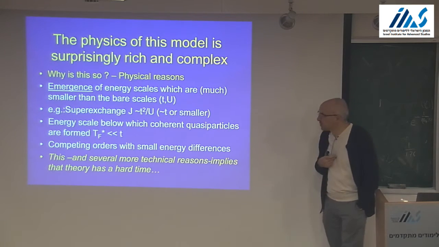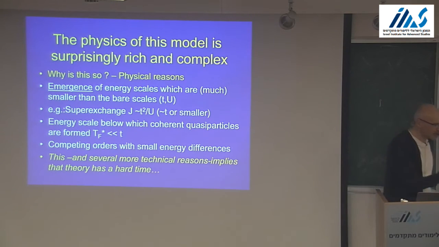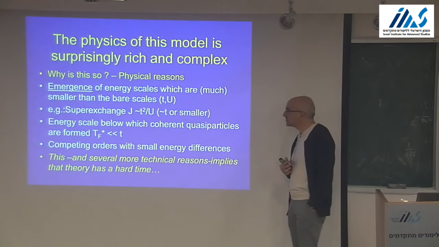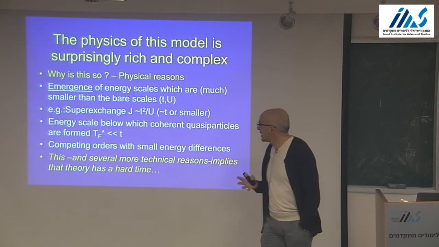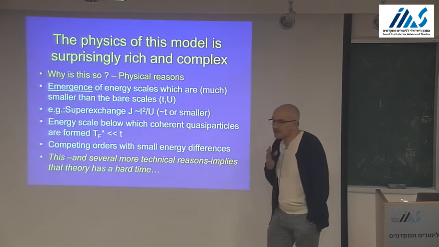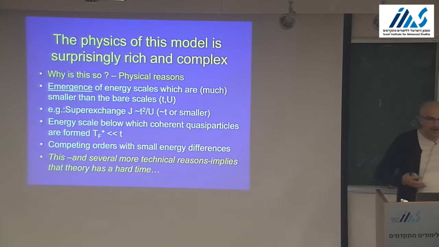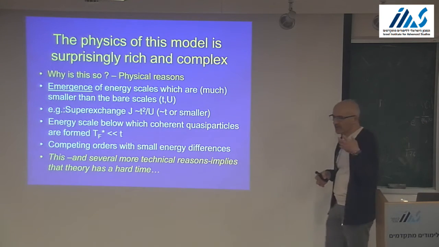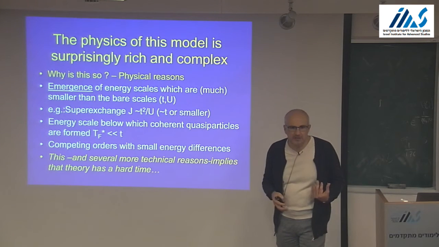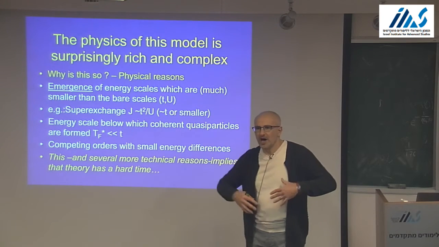The physics of this model, well, I guess he didn't talk about the model, but he did mention energy scales at the end, is surprisingly rich and complex. And the reason for this is, at a deep level, the emergence of low energy scales. So we have these two energy scales, U and T, forming a dimensionless coupling, U over T, which are high energy scales.